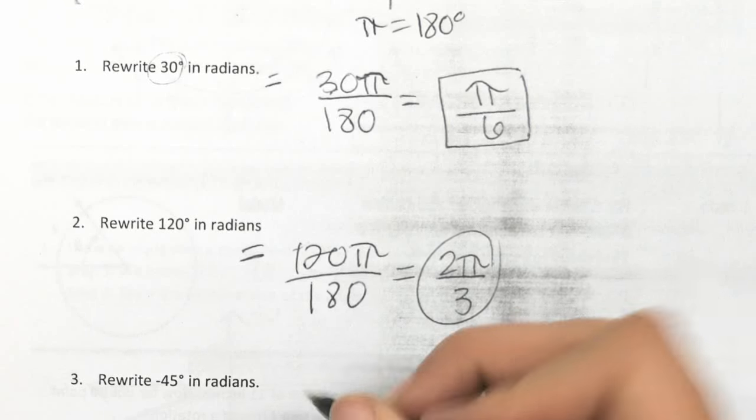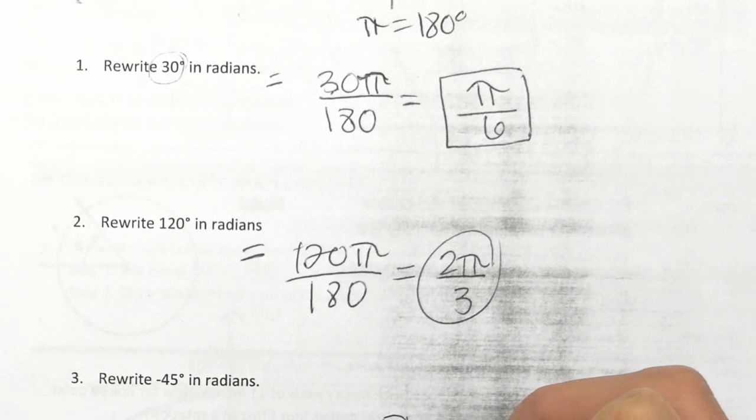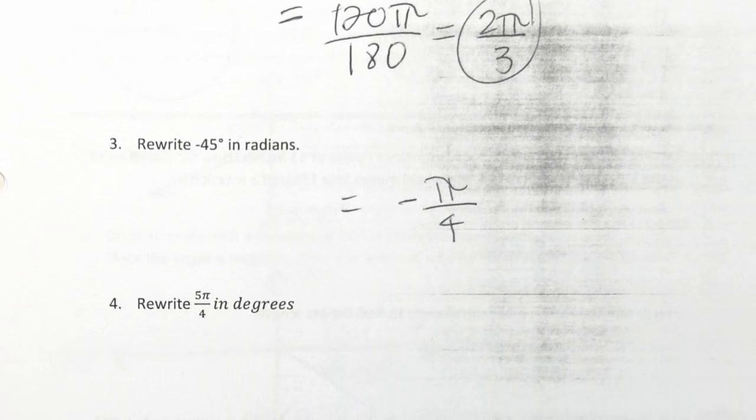What you got? Anybody? Pi... Good. And you can put the negative on top or on bottom, it doesn't matter. Negative pi over 4 is correct.